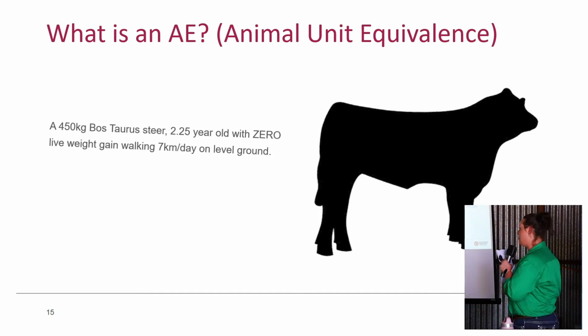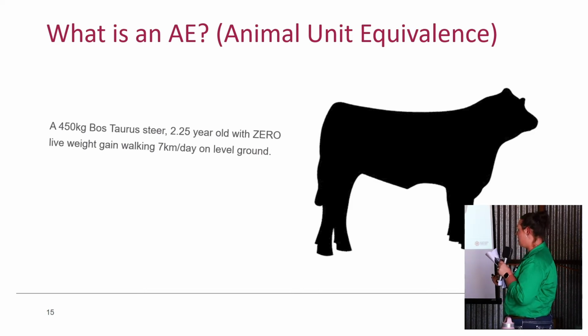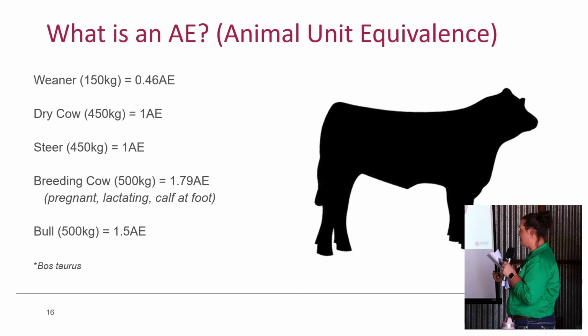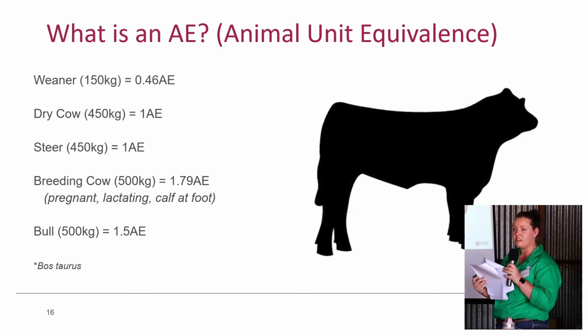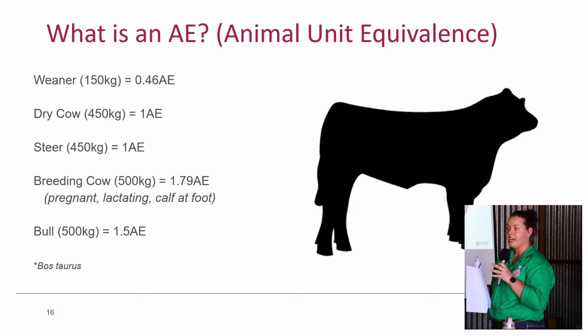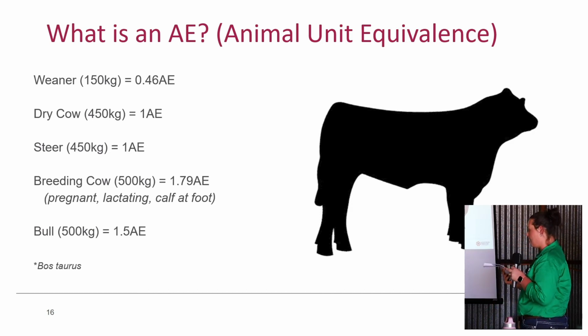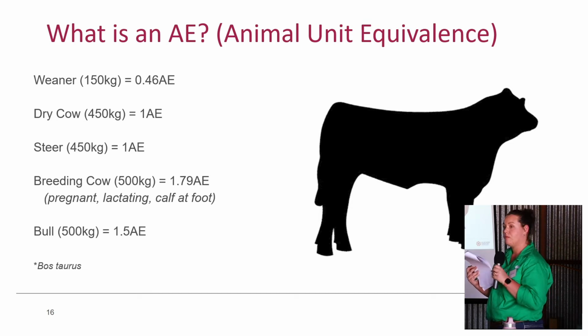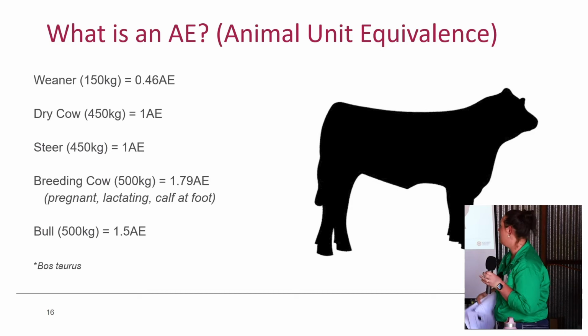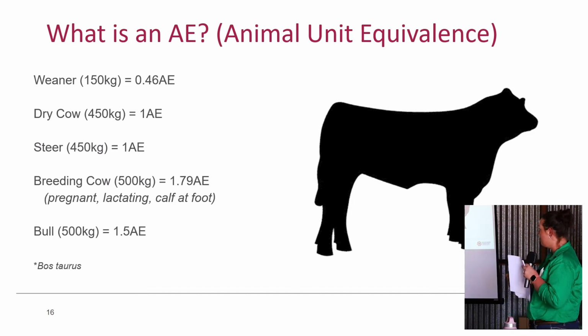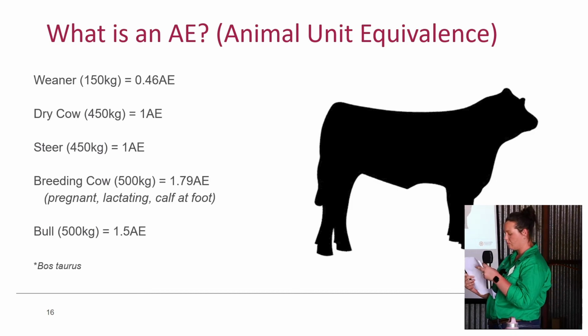They're actually quite important. They're a standard animal for other animals to be compared to. So different animals of different breeds will have a different AE rank. It's based on how much metabolizable energy they will need compared to this animal equivalent.